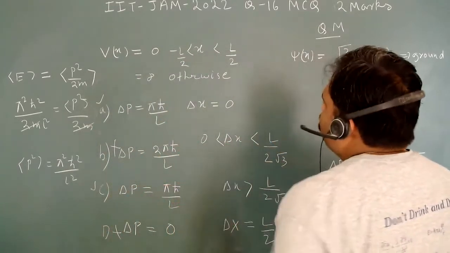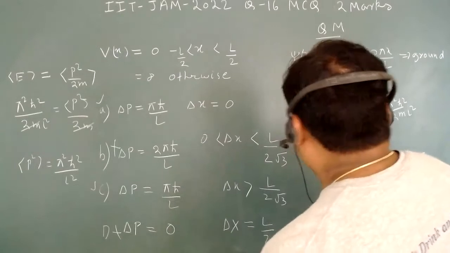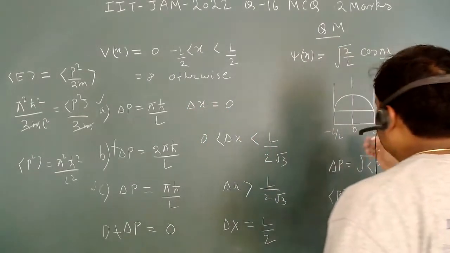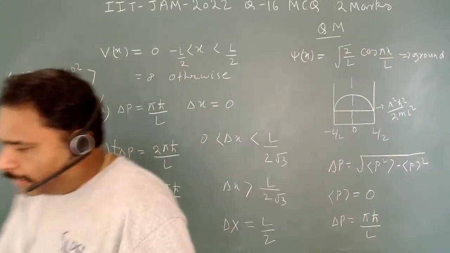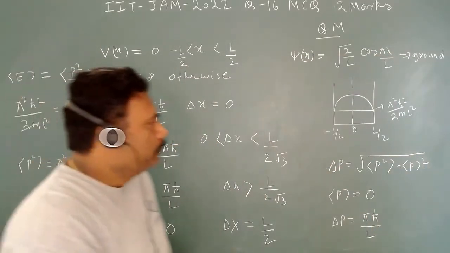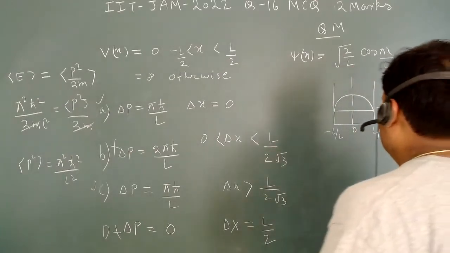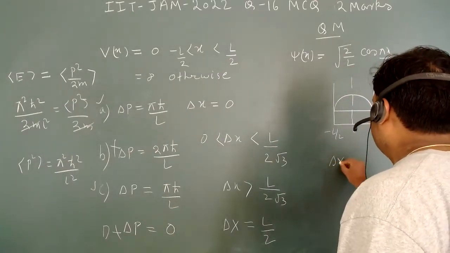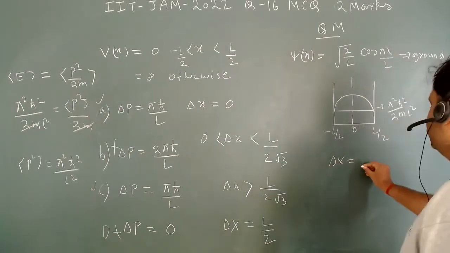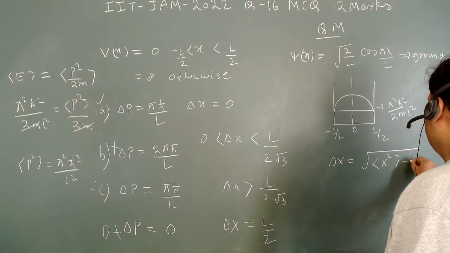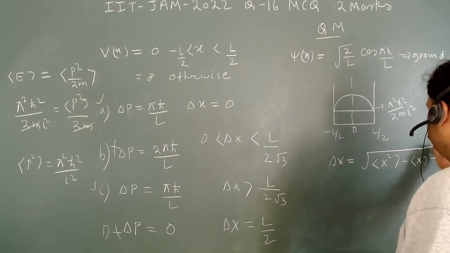So now let's go for delta x. Sorry, we have to calculate uncertainty in x. So for that we have to find these two values. Delta x is equal to the square root of expectation value of x square minus expectation value of x whole square.